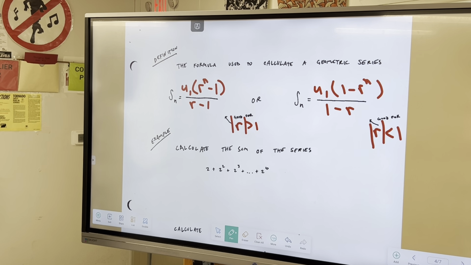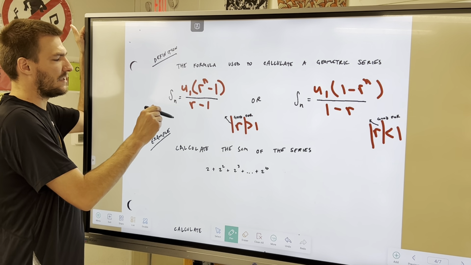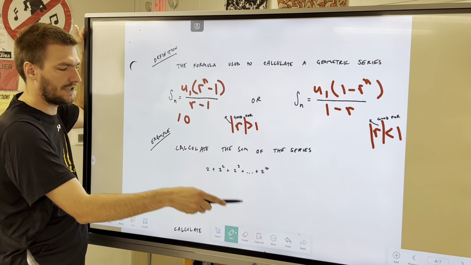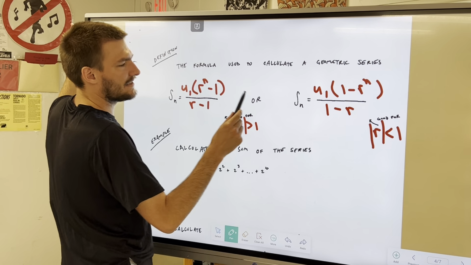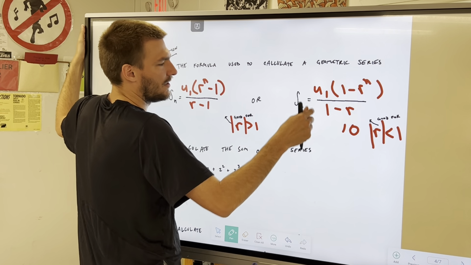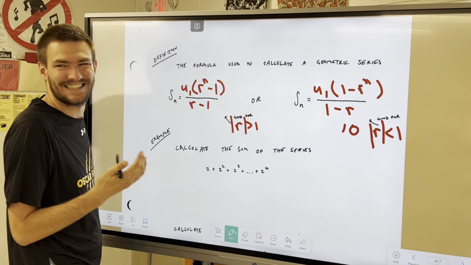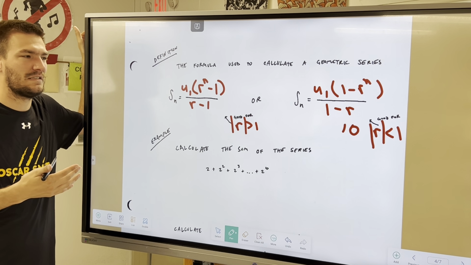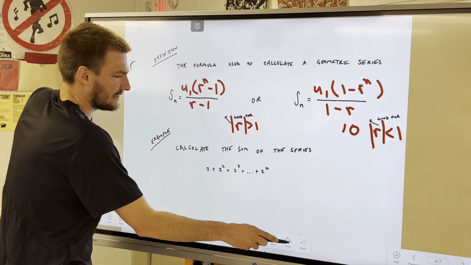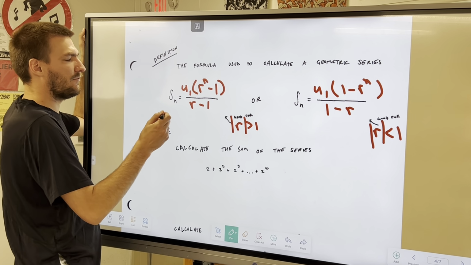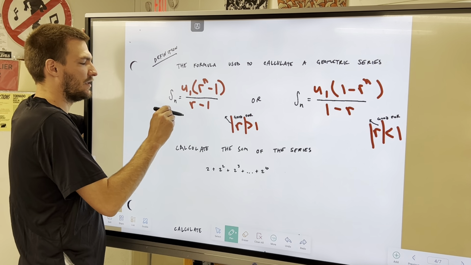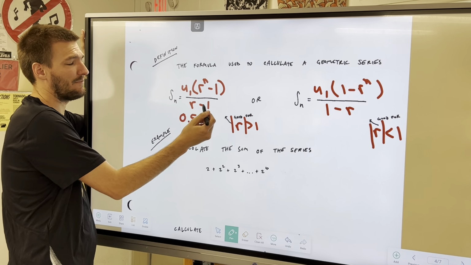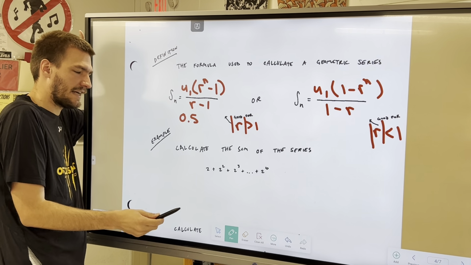Basically, if you had a number like 10, then 10 minus 1 feels very natural here. But if you put that same number into this formula, 1 minus 10 is just a little bit less natural, right? It just doesn't quite work as nicely. Then over here, if we try a number like 0.5, again, I don't really like that: 0.5 minus 1, because it's going to be a negative number.